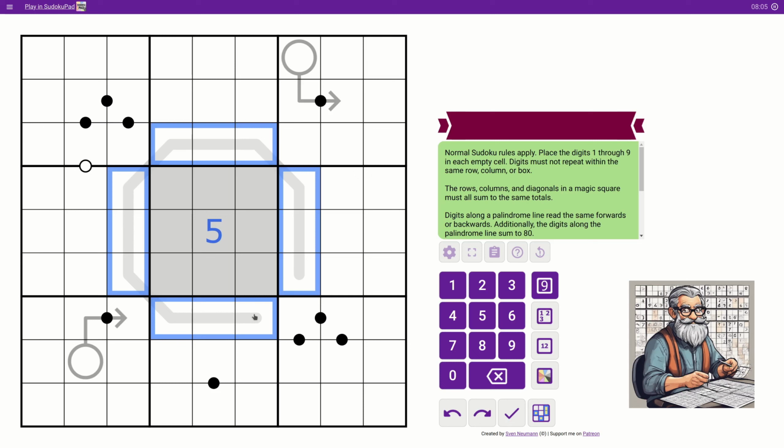The palindrome aspect should not be an issue either, should it? The only thing is that these 3, which are here and here, will have to be here somewhere, which maybe means that we have to start coloring in a bit.